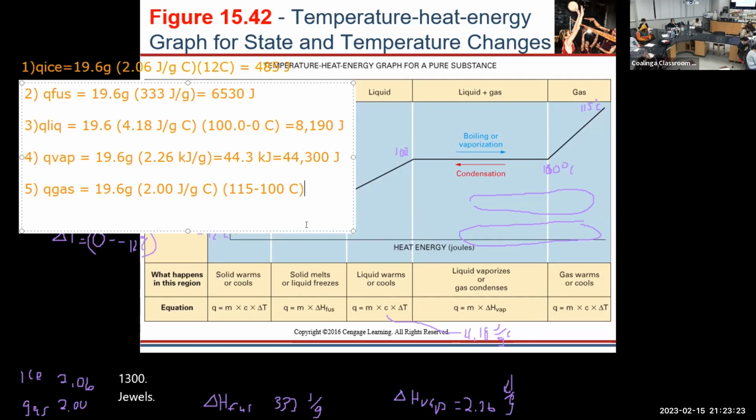Then my last one: 19.6 times 2.00 times 15 gives 588 joules.